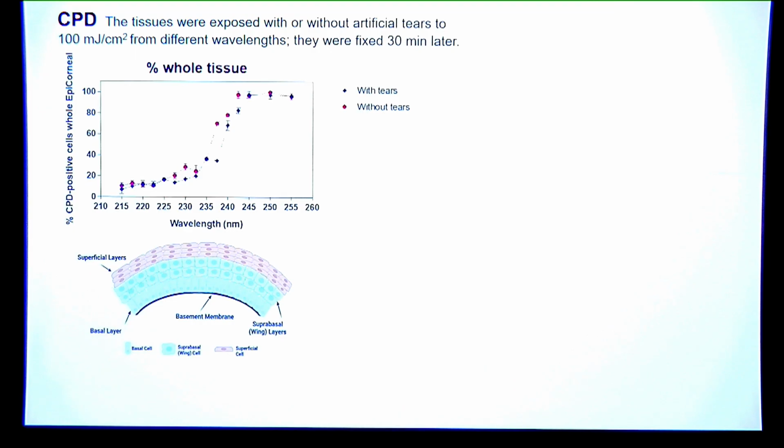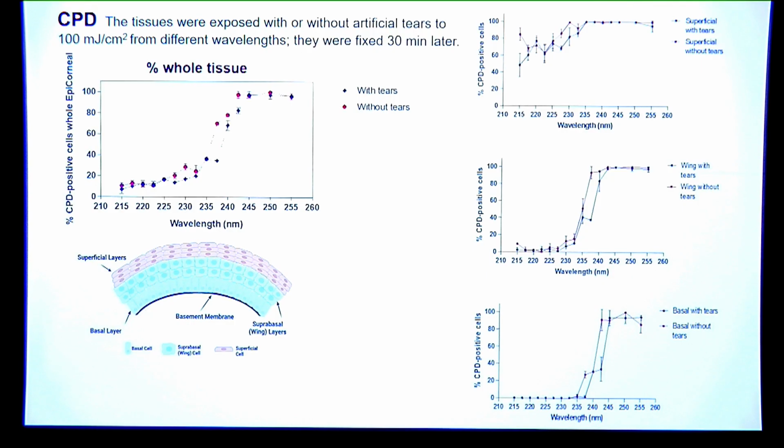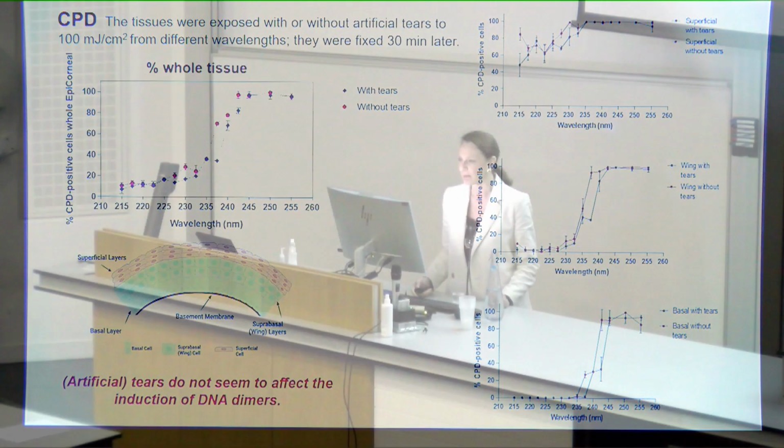And when you look at how the penetration, so how these CPDs are distributed into the tissue, at the superficial layer, and then the wing layer, and the basal layer, with or without tears, maybe there might be some difference a little bit over here for this far UVC wavelength, but overall, these artificial tears don't really make a difference. They don't seem to affect the induction of DNA dimers.